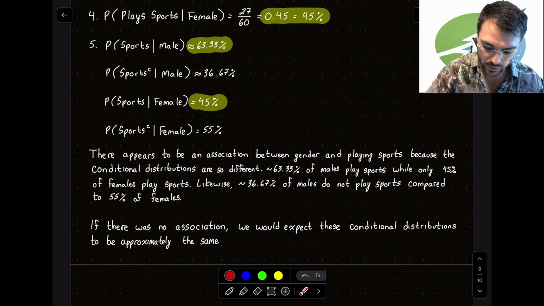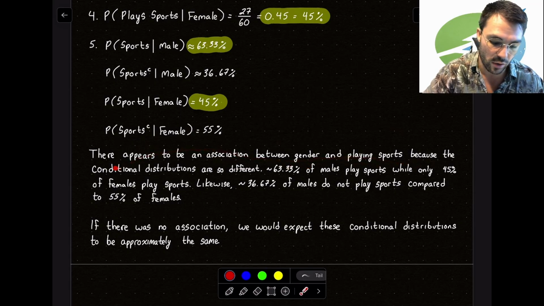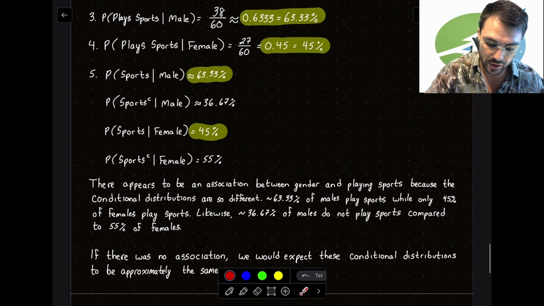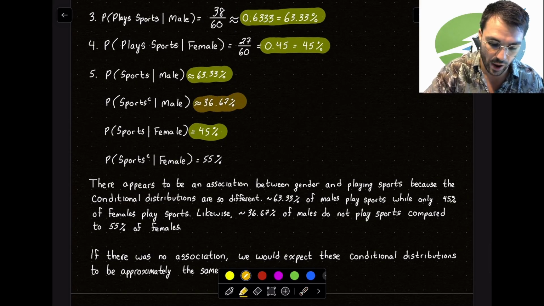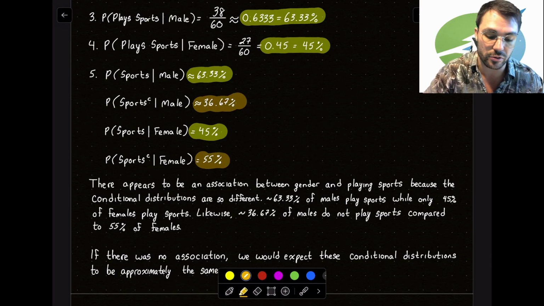So we could say that there appears to be an association between gender and playing sports because the conditional distributions are so different. About 63% of males play sports, while 45% of females play sports. Likewise, the percentage of males who don't play sports is way lower than the percentage of females who don't play sports.